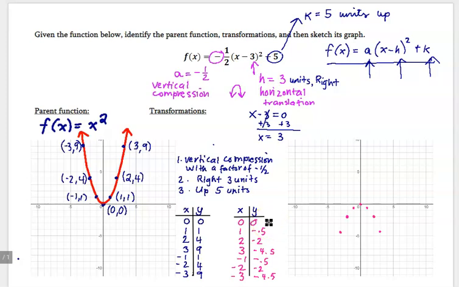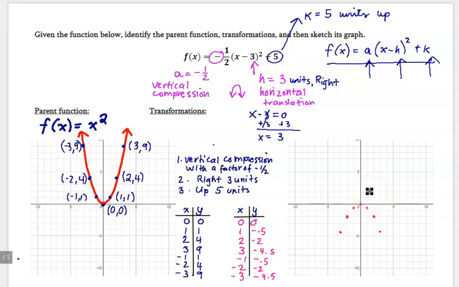And now after plotting the points that are already vertically compressed by a factor of -1/2, I am ready to do the other two translations, the right 3 units and up 5 units.